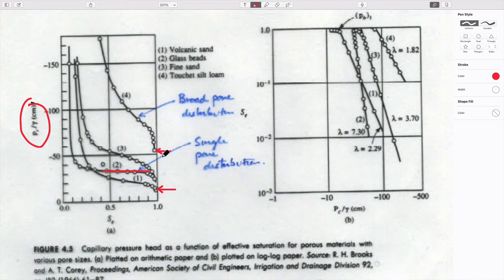Because as you go up, this is really quite steep, you have to provide a really big extra pressure to get it this saturated. This means that the initial small pore spaces have even much smaller pore spaces as you start saturating the rest of the sample.